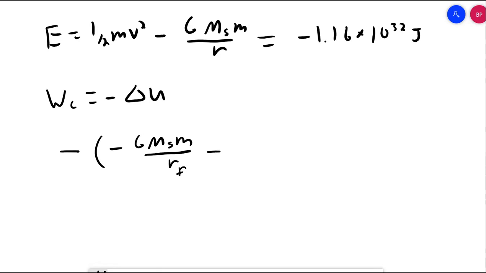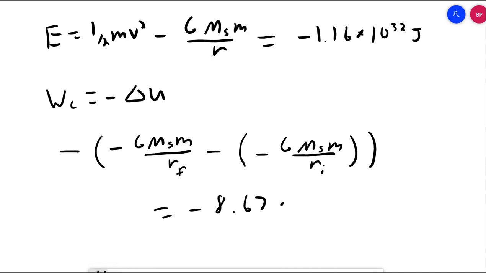And then we subtract from that our potential energy initially. So we use our initial R this time.